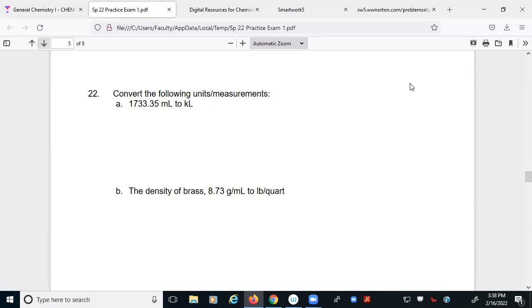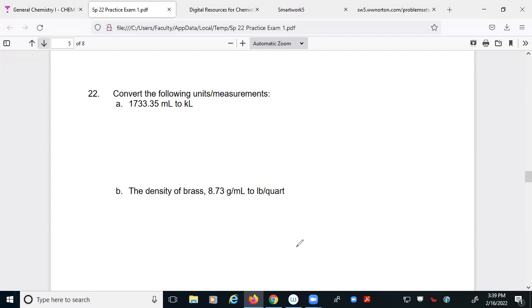Okay, so these are conversion questions. Now, B is going to be easier for us to do, at least in terms of the fact that those are both English to metric conversions, and we're going to have the English to metric conversion table at our disposal.